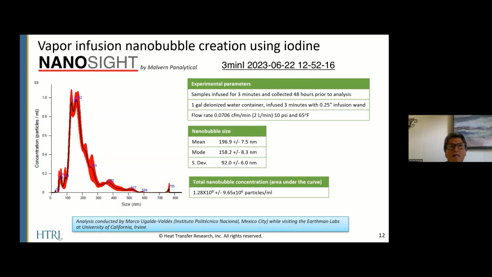When we did an investigation using a device called the NanoSite device, merely by infusing into a static fluid volume for a few minutes, we were able to create an extremely high density of extremely small nanobubbles merely by infusing this vapor into a cooling water path.